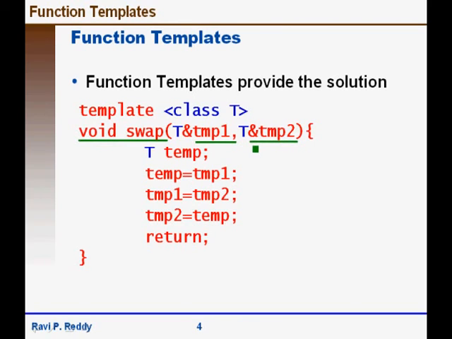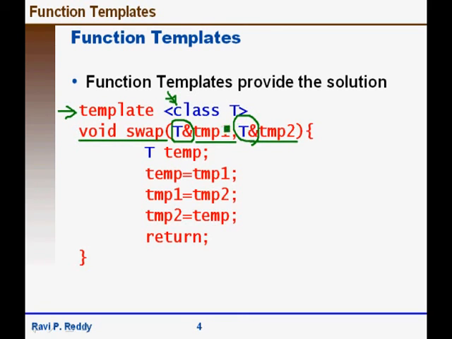They both are reference variables of an unspecified type T. And here is another variable of the unspecified type T. This unspecified type T is what is mentioned in the syntax of the first line. Here's where we write template class T, meaning that this is a function template containing an as yet undefined class T. This class T will be provided by the user in the function call.